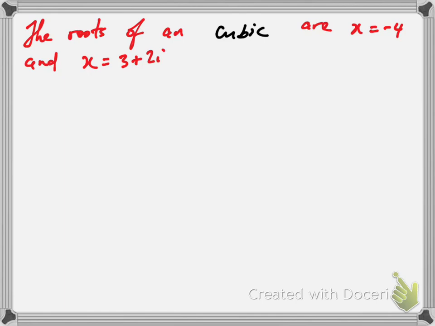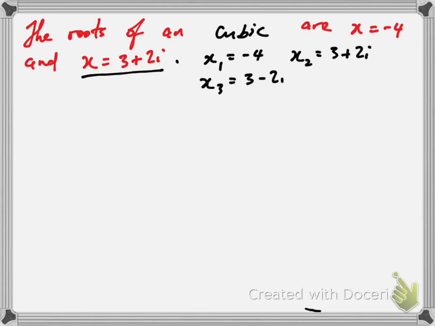If you are given a complex root, then the conjugate of that would be a root as well, meaning if you were to label them x1, x2, x3, then x1 equals negative 4, x2 equals 3 plus 2i, and x3 would be equal to the conjugate of 3 plus 2i, which is 3 minus 2i.